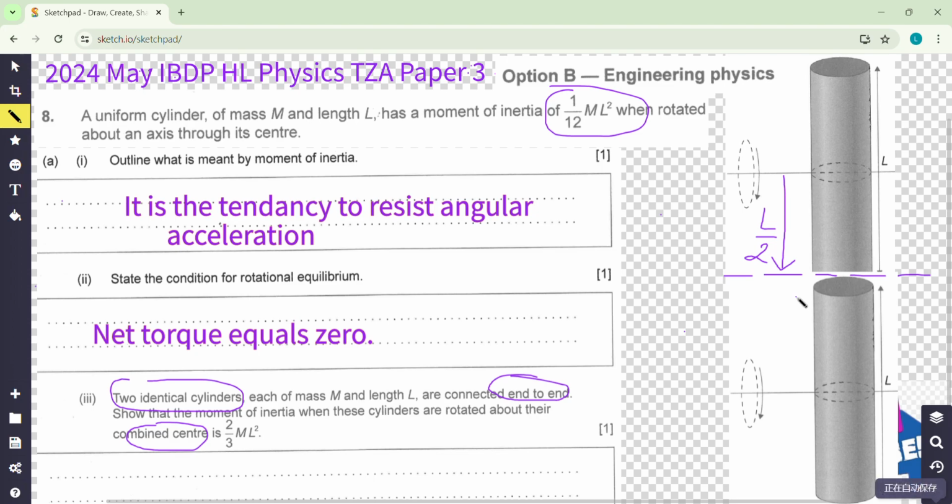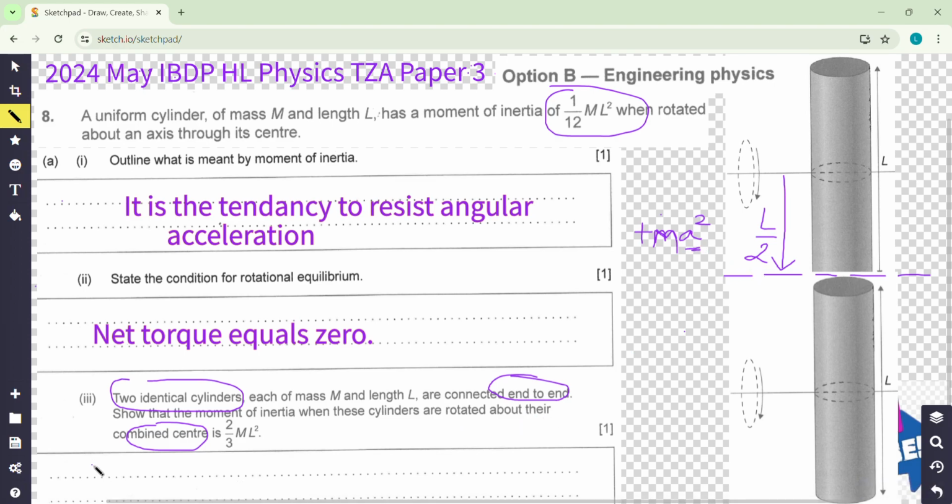First of all, I have to remember for one cylinder what is the new moment of inertia, and then multiply it by 2 to get the combined system's new moment of inertia. You remember when I shift by a distance a, the change is M a squared, with M the total mass. Now this a is L over 2.